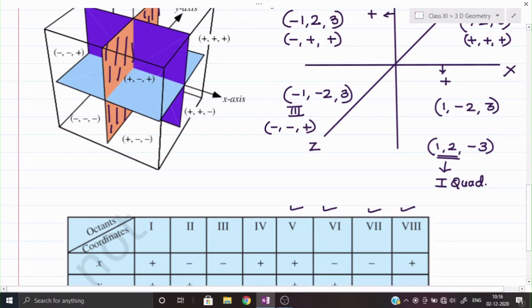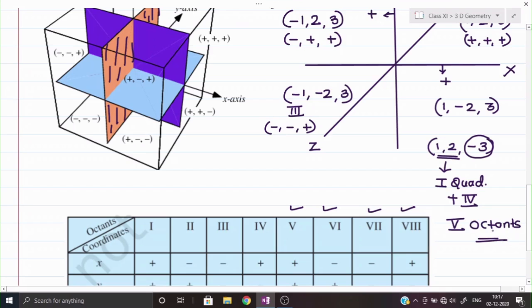I am talking about the Cartesian plane. According to the Cartesian plane, 1 comma 2 lies in the first quadrant, and since my z coordinate is negative, I will add plus 4 to this. So 1 plus 4, this will be the fifth octant. Okay, in this way we can see it.